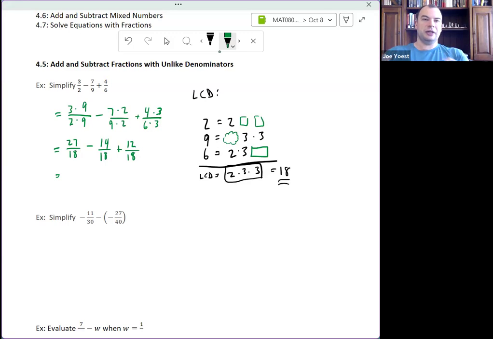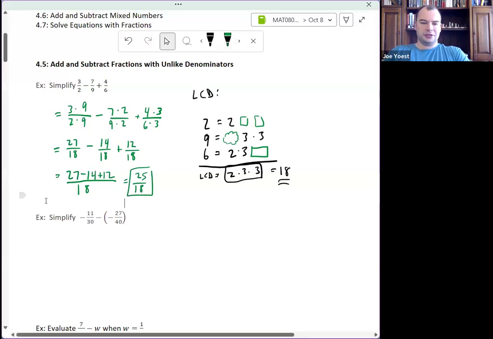Now all of those slices, I've recut them up so that I have a bunch of 18th slices of pizza. I can just combine those all together under one fraction. 27 minus 14 plus 12, all over 18. Well, minus 14 plus 12 is just minus 2, right? 27 minus 2 is 25.